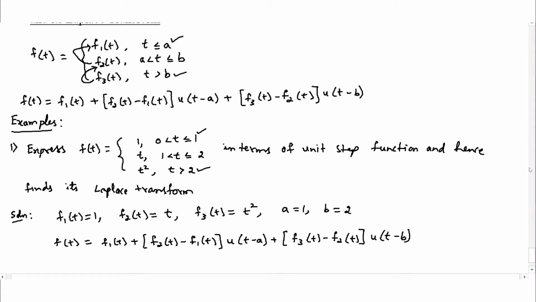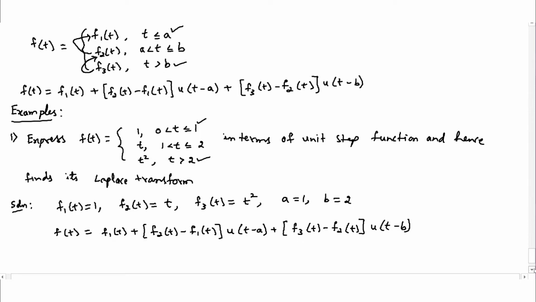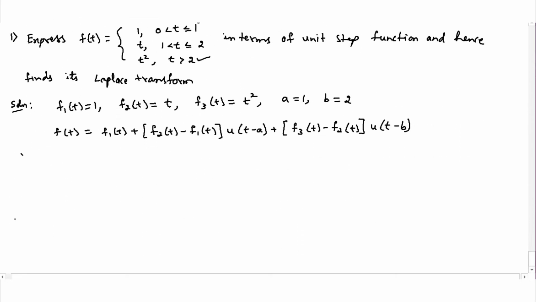Just plug in all the values that we have. So I get f of t equal to f1 of t is 1, plus f2 of t is t minus f1 of t is 1, times u of t minus a, where the value is 1, plus f3 of t is t square minus f2 of t is t, times u of t minus b, where the value is 2.